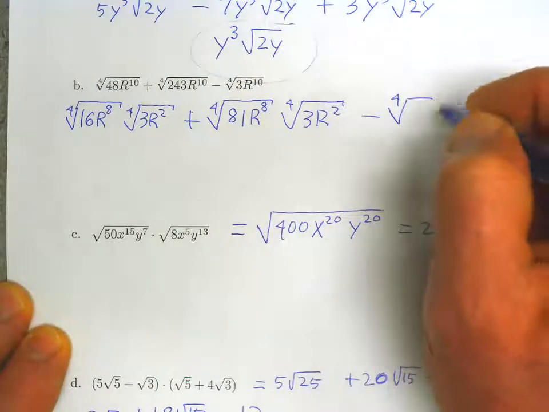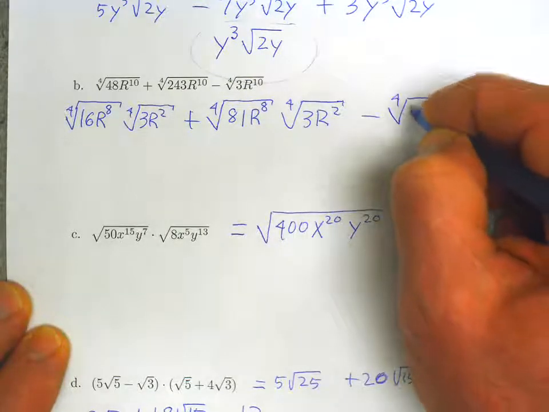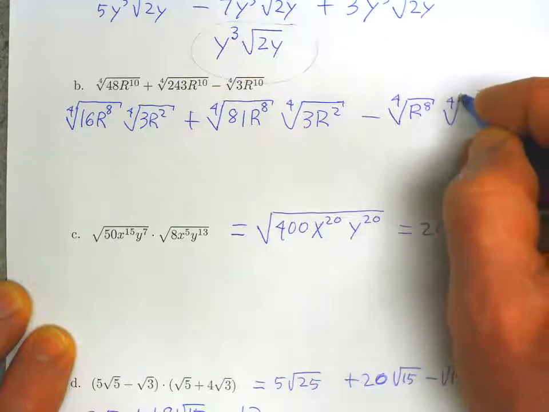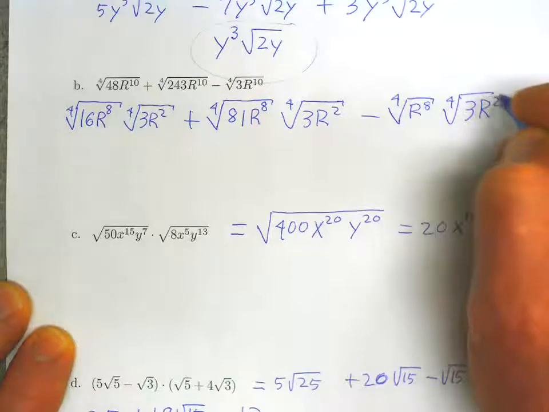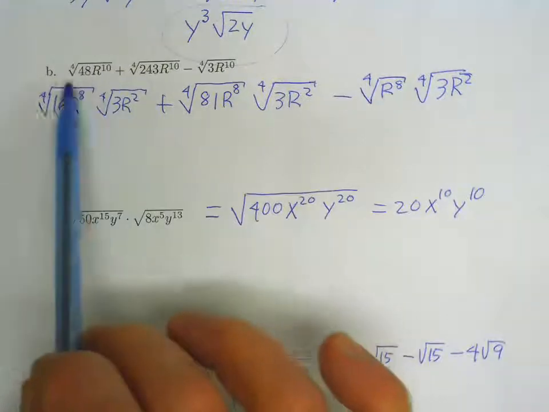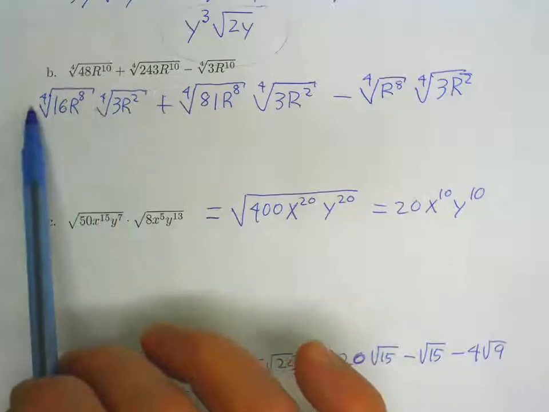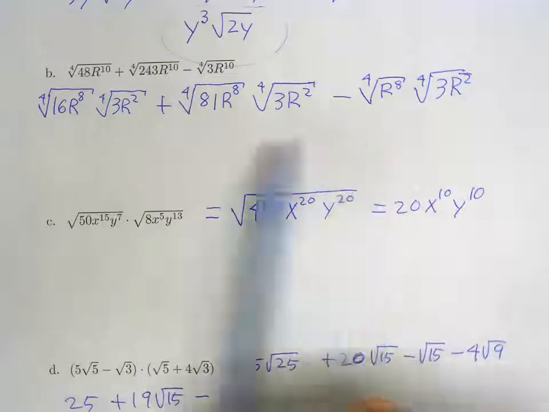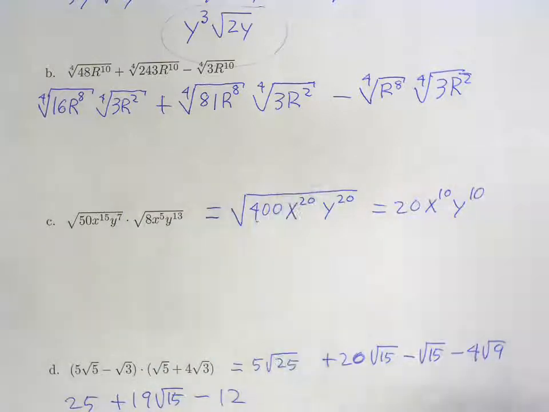So this is the fourth root of r to the 8th times the fourth root of 3r to the 2nd. Okay, so we're out of time, but simplify the fourth roots of the perfect fourth powers, and they are all like terms that can be combined by adding and subtracting.